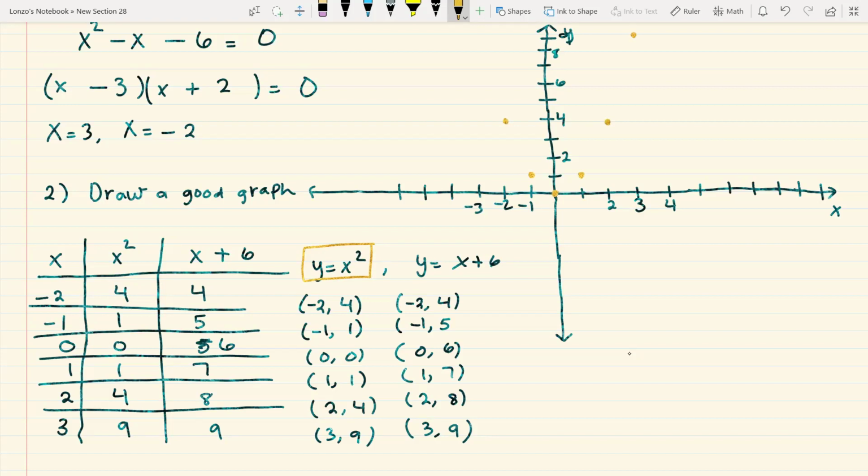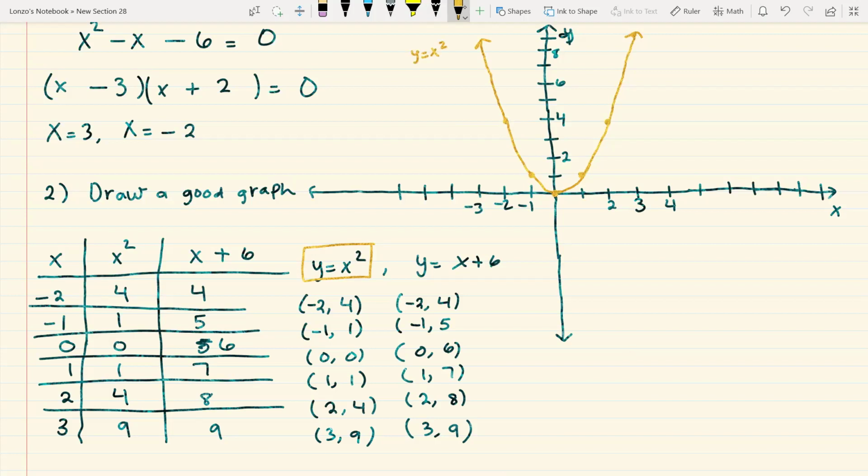Okay, connect the dots. So this graph is y equals x squared.